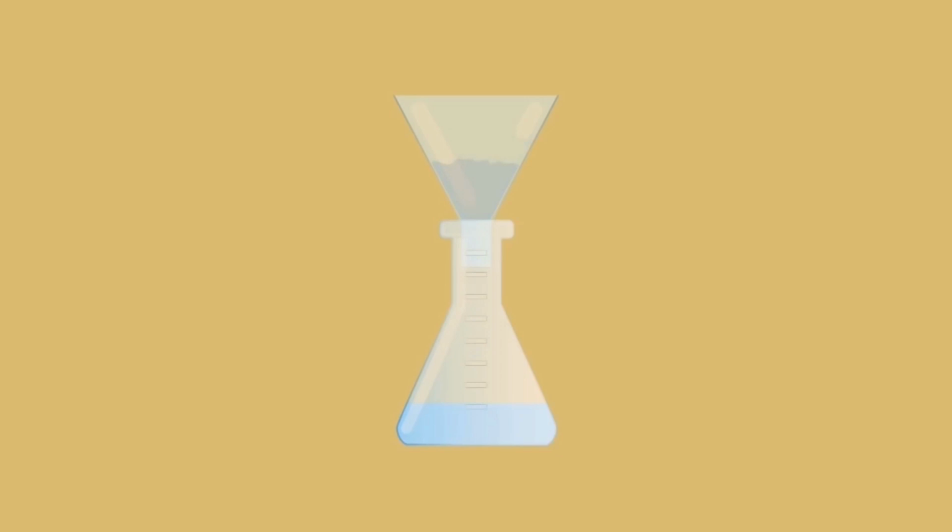The substance that remains on the filter paper is known as the residue, and the substance collected in the flask is called the filtrate. For our case, sand is the residue, and the salt water is the filtrate. The salt can be obtained using evaporation and the sand left to dry.